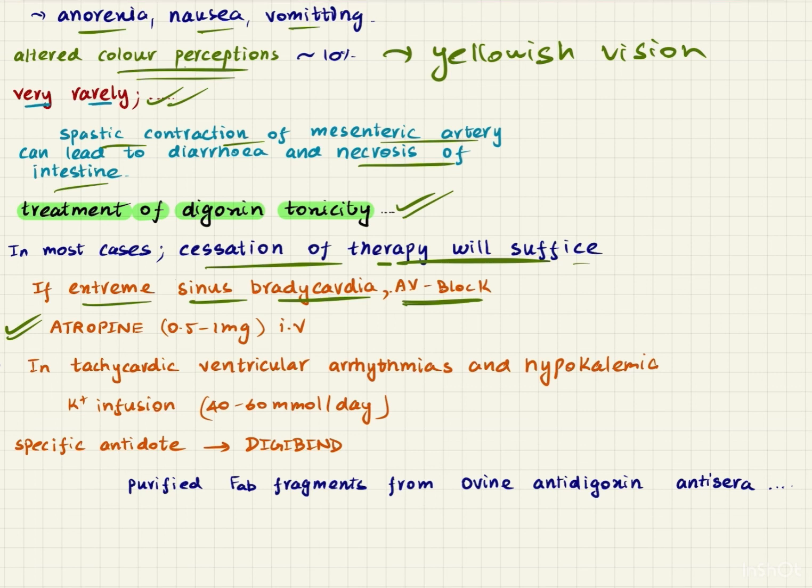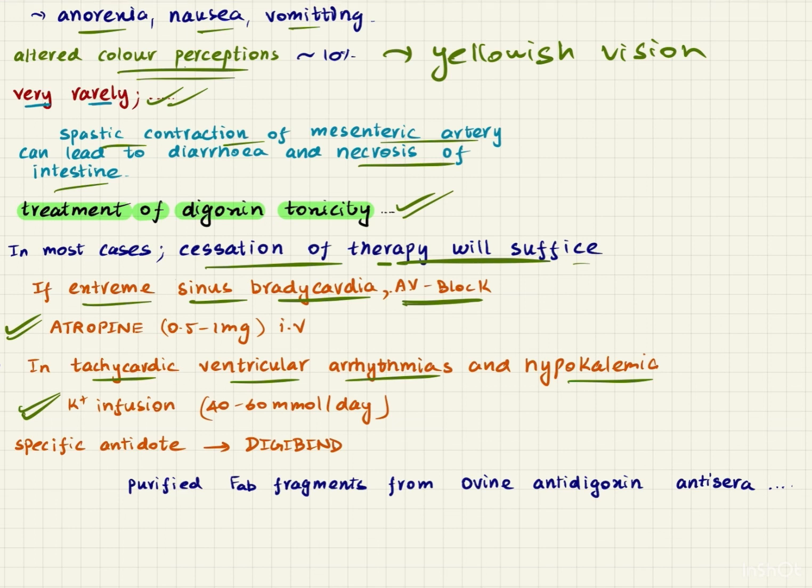And in tachycardic ventricular arrhythmias and hypokalemia, potassium infusion can be done, 40 to 60 millimoles per day. Before doing potassium infusion, it is always good to perform a serum electrolyte panel and make sure that there is no hyperkalemia, and then start potassium infusion.